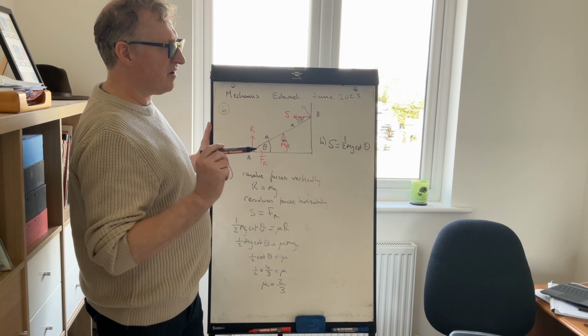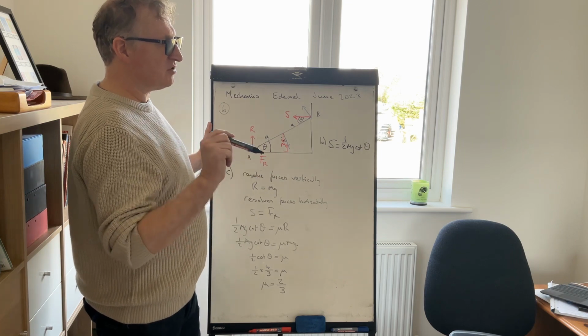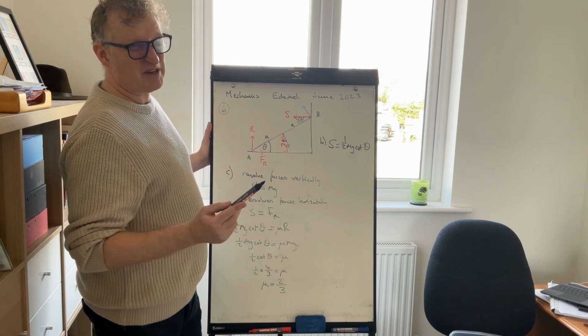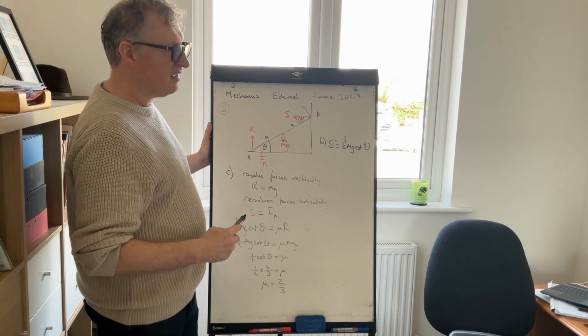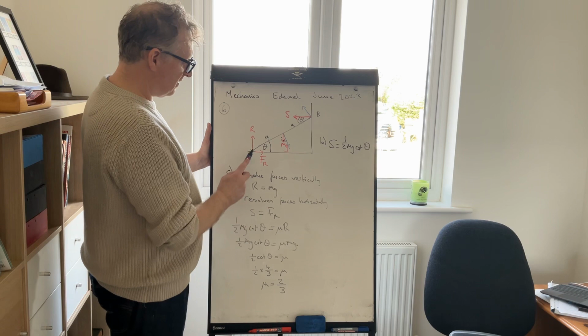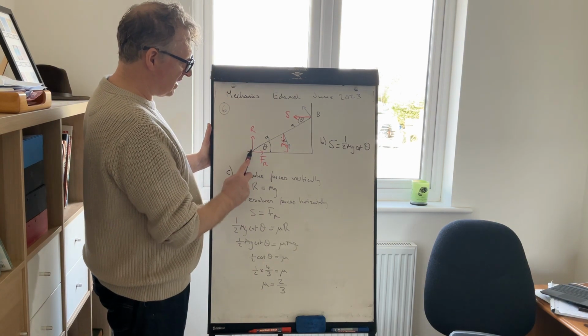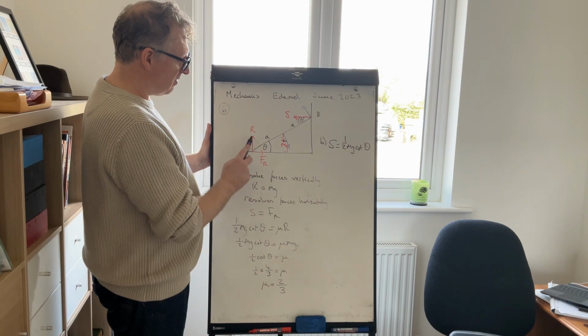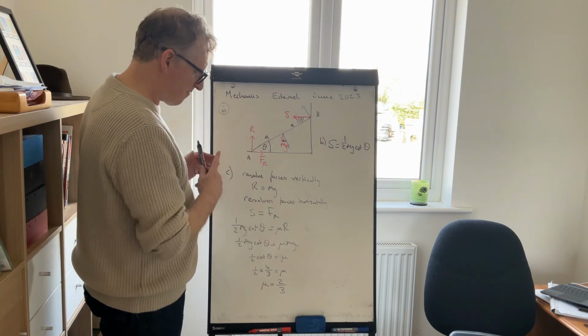So when it says, find in terms of M and G the magnitude of the resultant force, whenever it says resultant force, that means we're having a few forces together acting on the rod at A. So the two forces acting on the rod at A, friction and the normal reaction, we're going to put those two together to get the overall force.